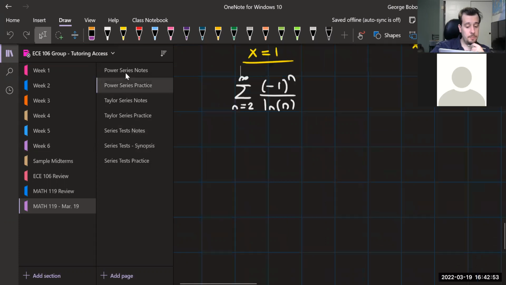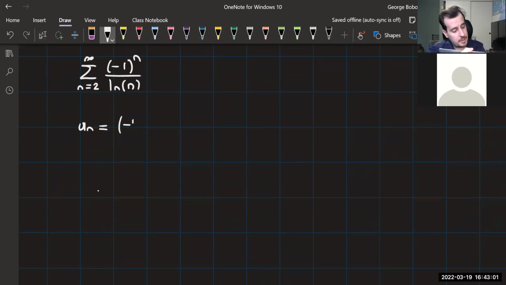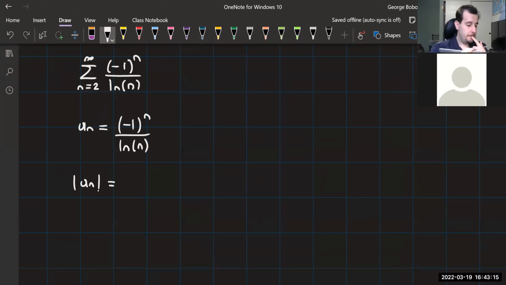Fair enough. So you go back here and you're like, all right, a_n right now is (-1)^n over ln of n. The absolute value of this would be what here, Kelly, if I took the absolute value? Think about it this way.